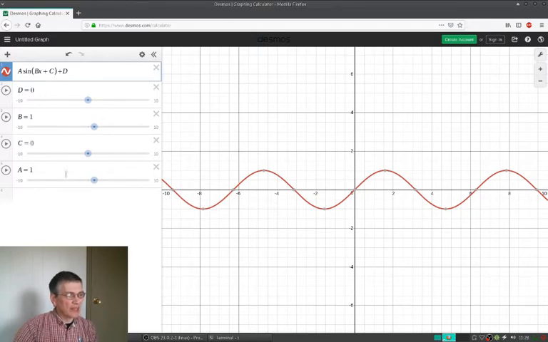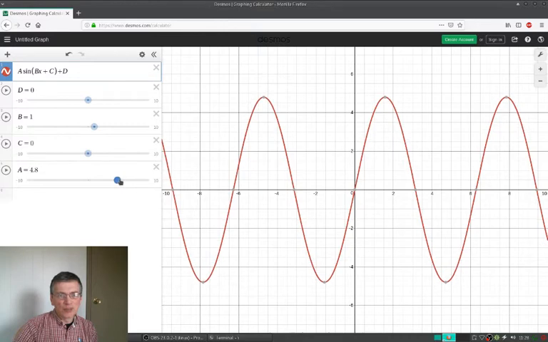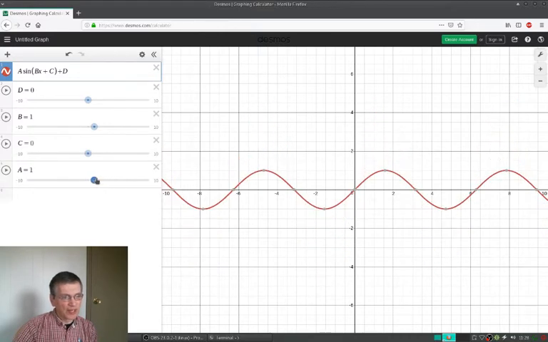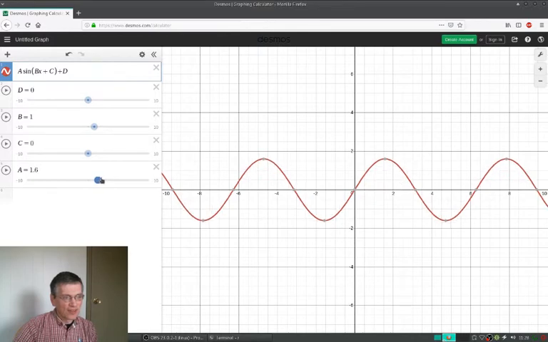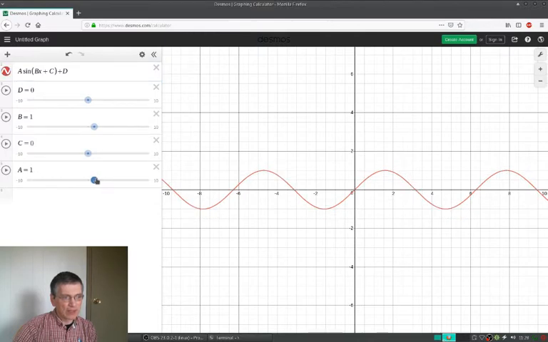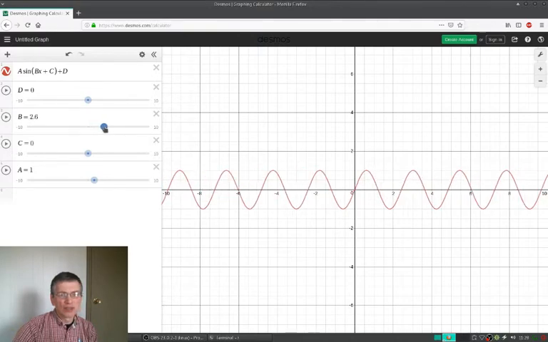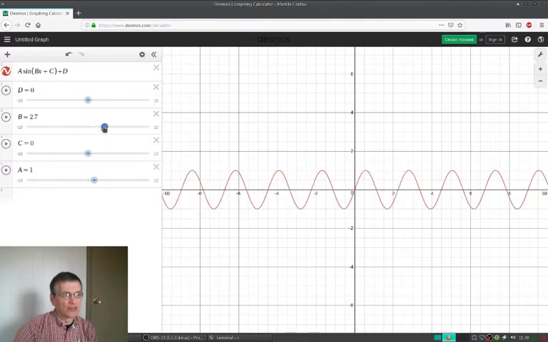Anyway, what happens is A goes up and down. A controls the amplitude. You can think of when you're producing sound waves on your radio. As you increase the amplitude, the sound gets louder. Try and get this back to 0. Let's see, B is the period. As B goes to 2, see the period gets squished down.